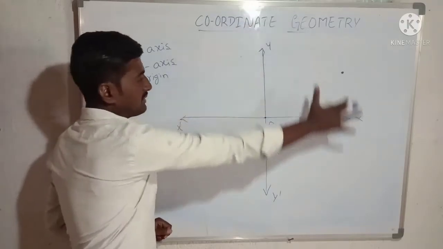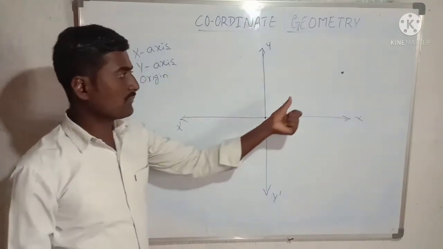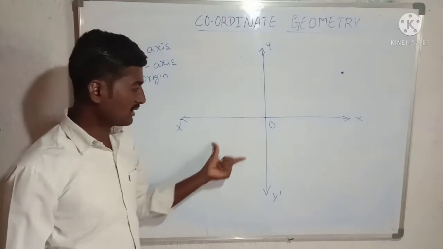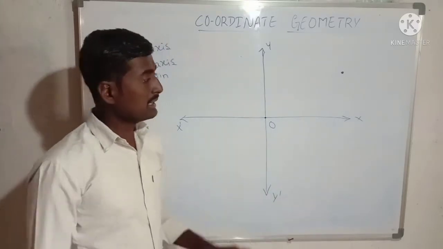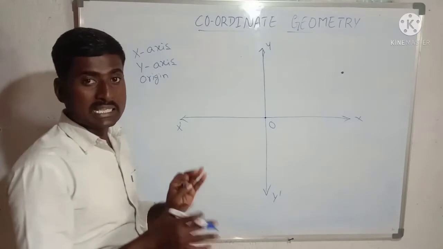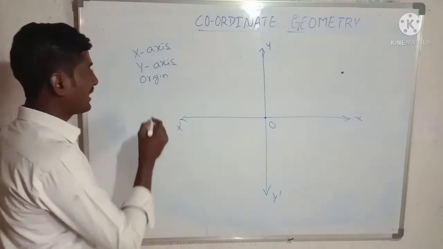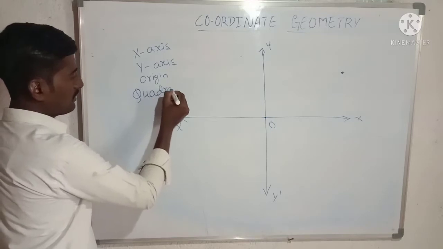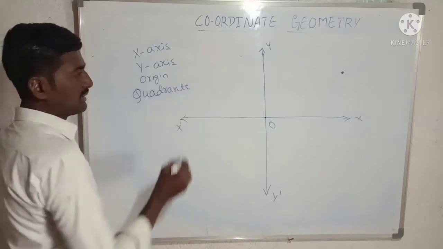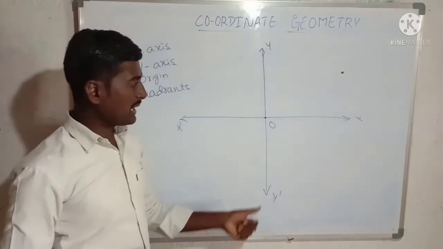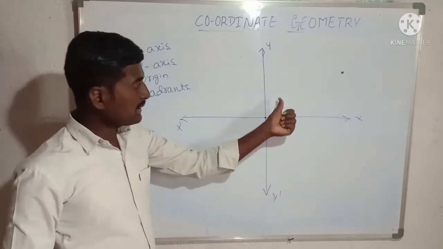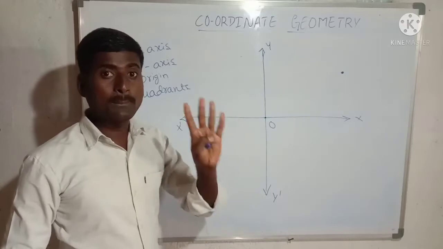Now, this plane is divided into four equal parts. This is one part, this is another part, third part, fourth part. These equal parts are called quadrants. The plane is divided by two axes into four equal parts.